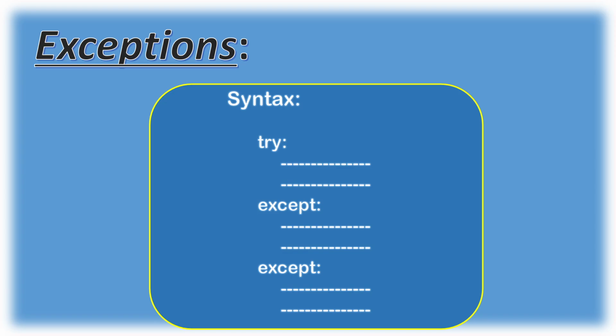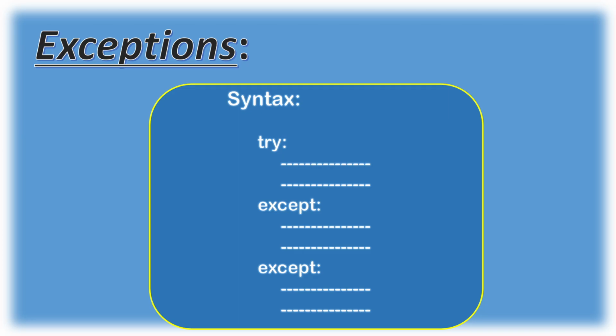Next, you can see the syntax of try and except. This is very simple. You can see we have try, and then in the next line we need to mention one tab space, and then we can have our statements.